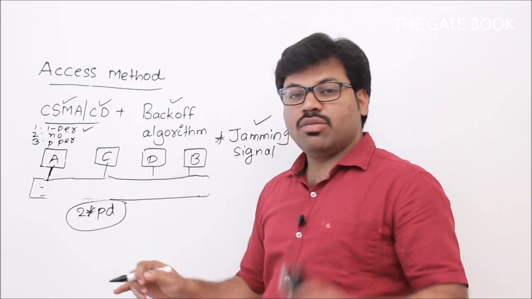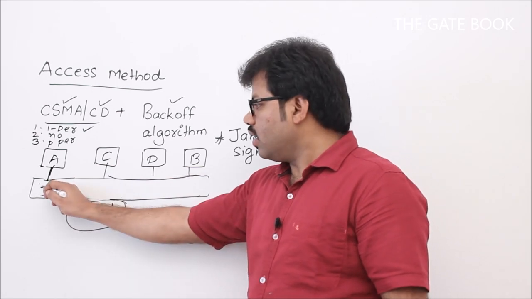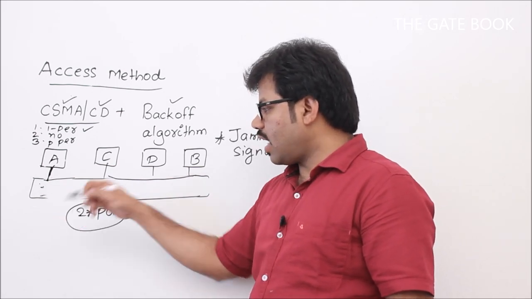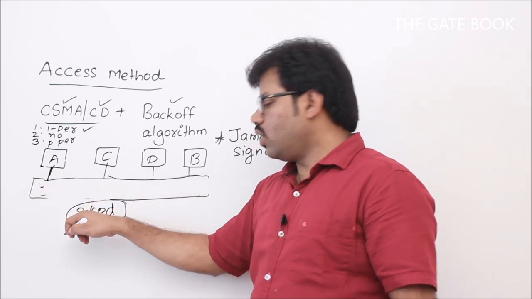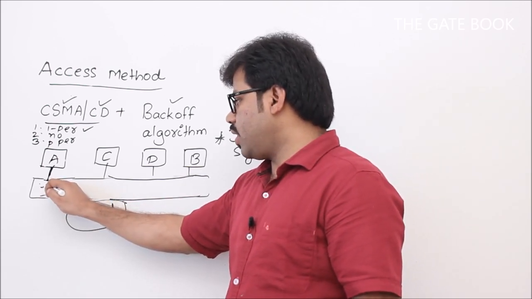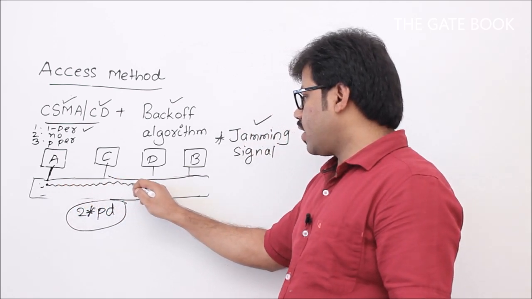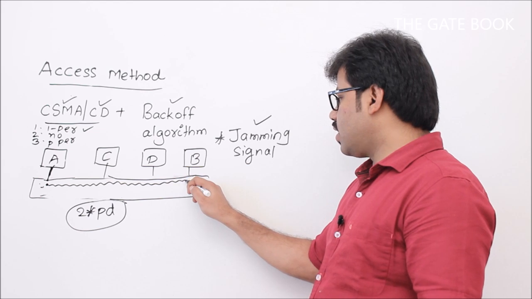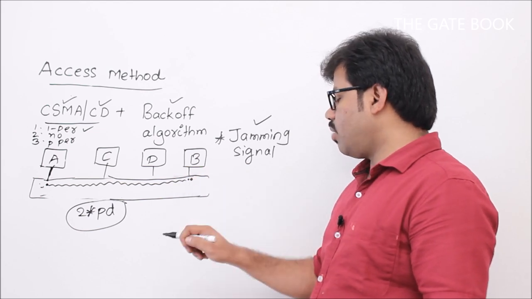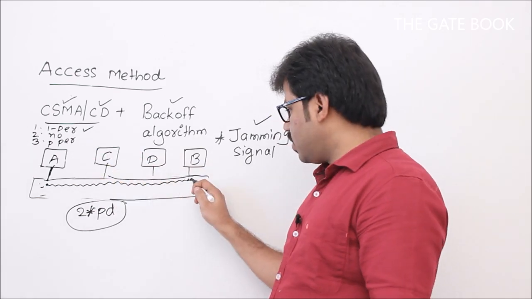Since the minimum data size is enough, the transmission time of the data is more than 2 times the propagation delay. What is going to happen? I am talking about the first bit. That first bit is going like this, still no accident, no accident, and just now one accident after the propagation delay, but A is still transmitting because of the minimum frame size.